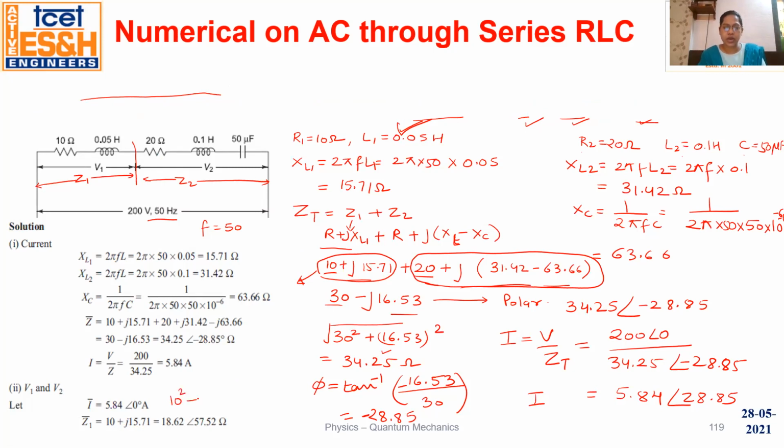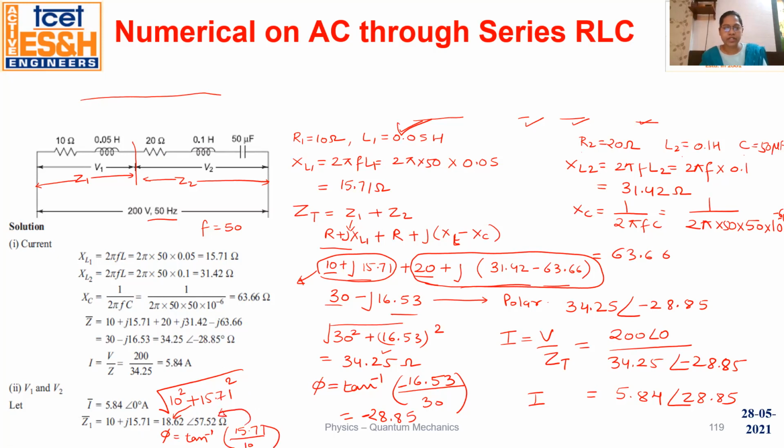This is Z1. You convert this into polar form. So 10 square plus 15.71 square will give 18.62. And for finding the phi, you have to write tan inverse of the imaginary component 15.71 divided by 10.